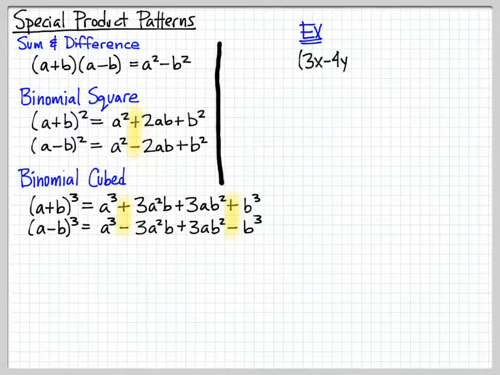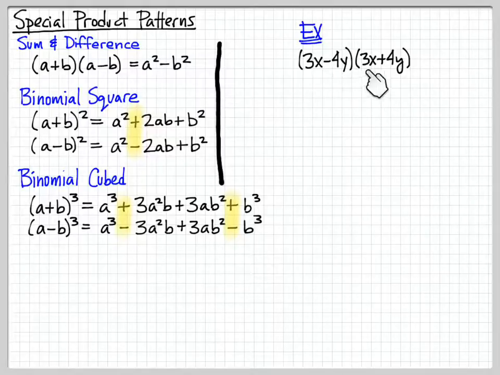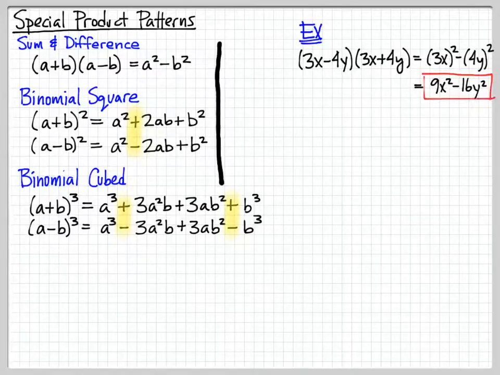So if I had two polynomials, I recognize here, this is like my a minus b and a plus b. I can rewrite this as a difference of perfect squares. Here's my a squared term minus my b squared term, and I could simplify it. I have another example here.